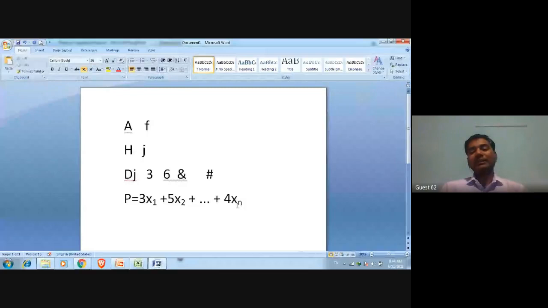So P is profit, equal to 3x1 plus 5x2 plus so on.